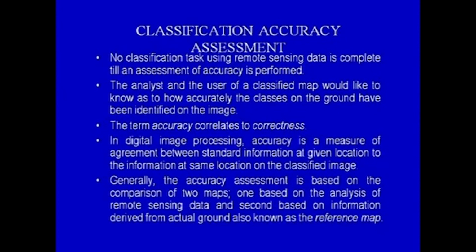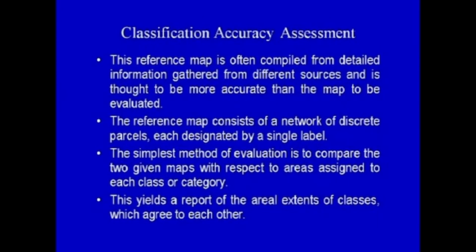Generally, the accuracy assessment is based on comparison of two maps, one based on the analysis of remote sensing data and the second based on the information derived from the actual ground, also known as the reference map. This reference map is often compiled from detailed information gathered from different sources and is thought to be more accurate than the map to be evaluated.